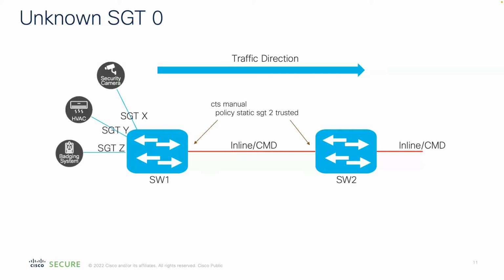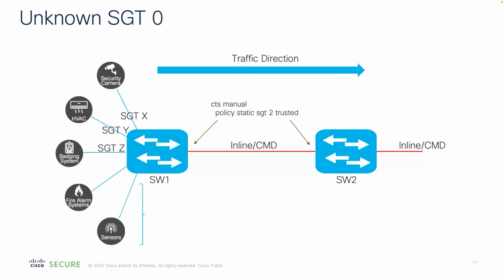In fact, it's in the layer 2 frame in the CMD field. That source SGT will be carried from switch 1 to switch 2 because we've configured inline tagging on this link. Switch 2 will take that SGT off the wire and forward it to the right here. Again, it's inline tagging and forwarding onwards. So this is just inline tagging, forwarding the source SGT.